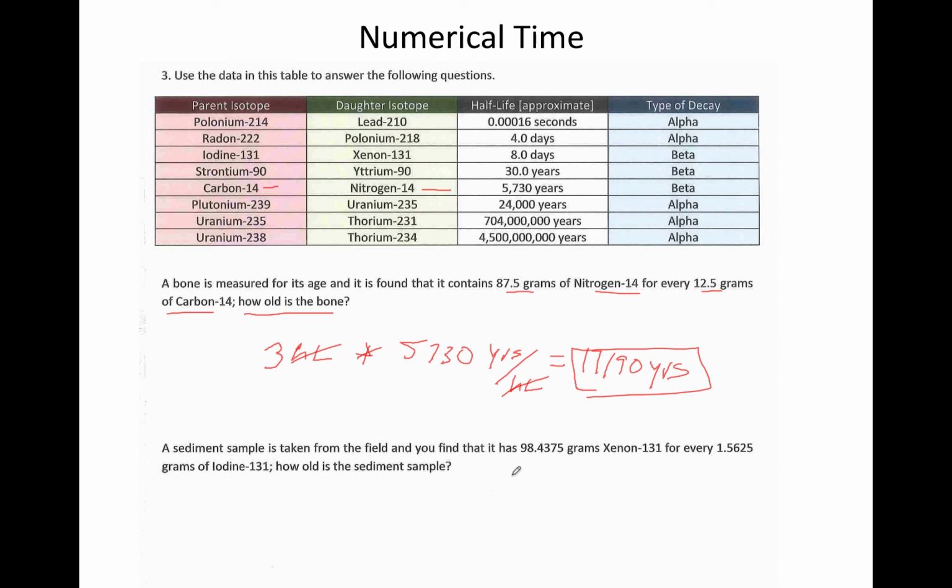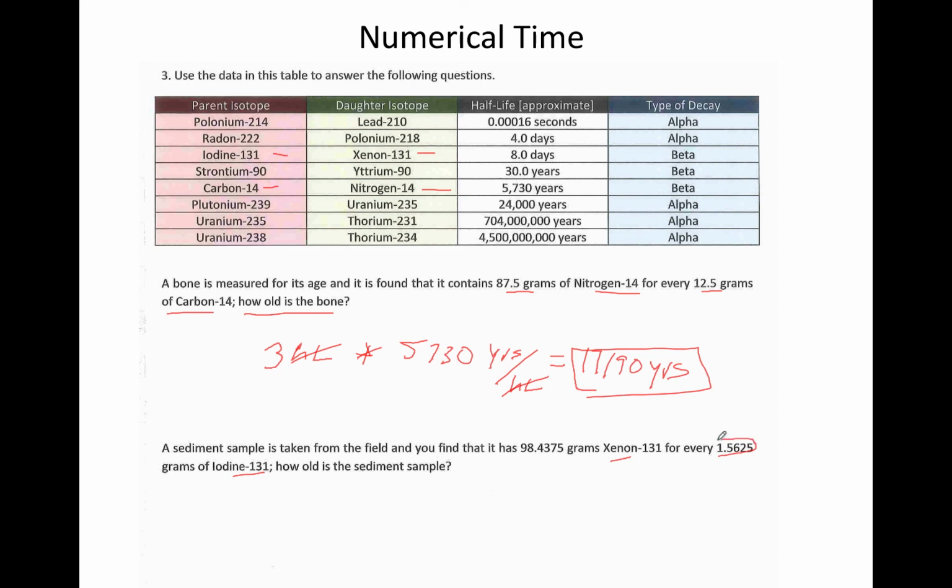Come down here, we've got the xenon 131. Let's find it up here in this table, xenon 131. Oh, here it is. It's the daughter atom. And we've got our parent over here, iodine 131, which is right there. So parent to daughter. How many half-lives have elapsed? Well, once you fill out that table, you're going to get down to the point where you can answer this.